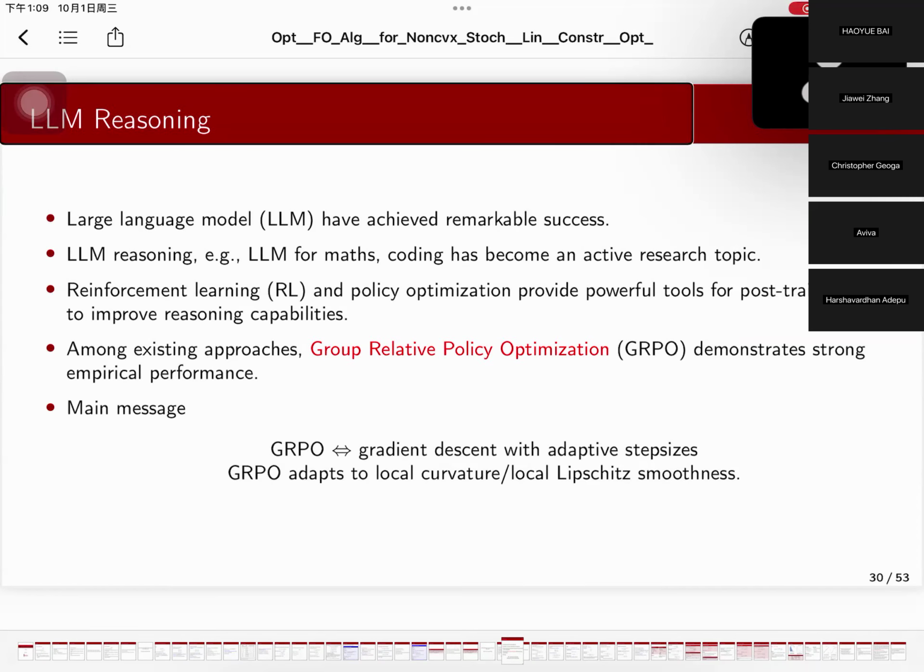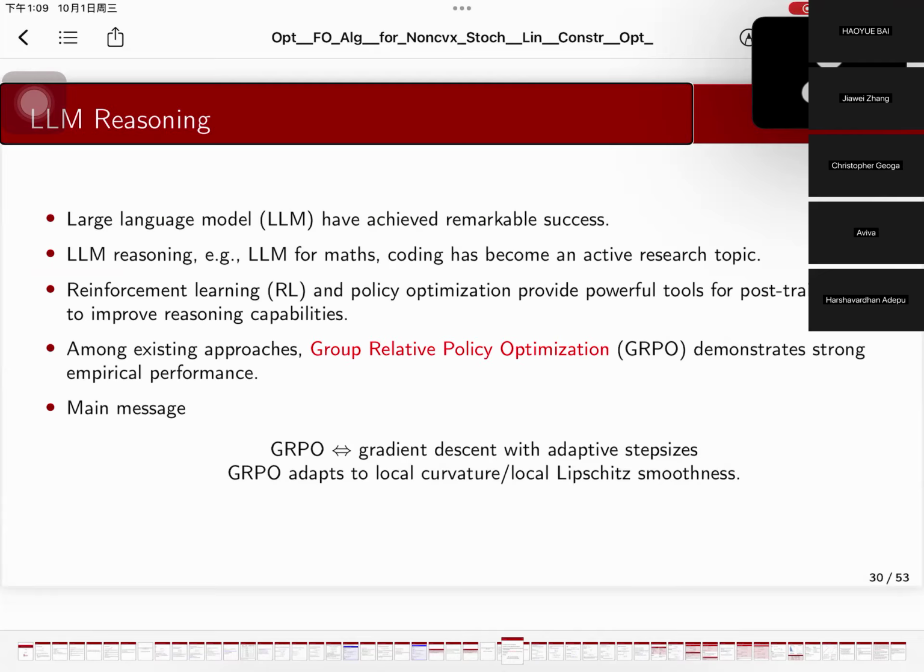Recently, large language models have achieved remarkable success. LLM reasoning is a very popular topic, using LLMs to solve mathematical problems and coding problems. Reinforcement learning and policy optimization provide powerful tools for post-training large language models to improve reasoning capability.